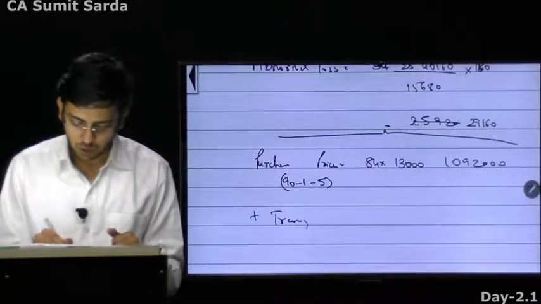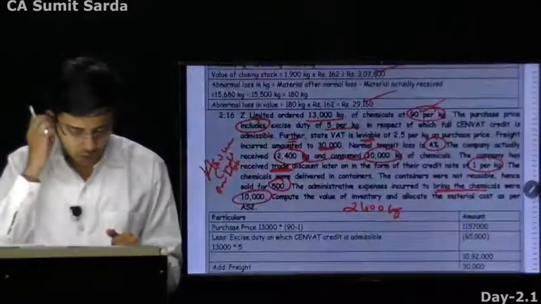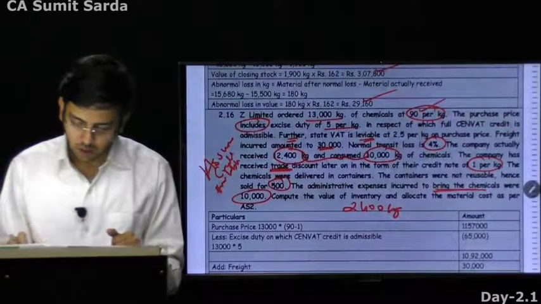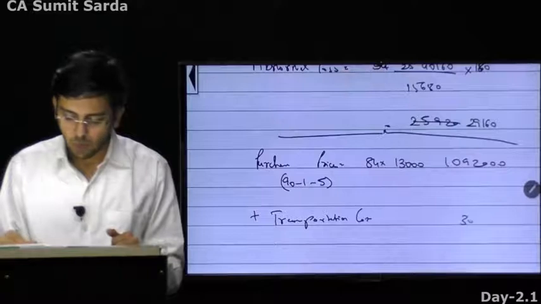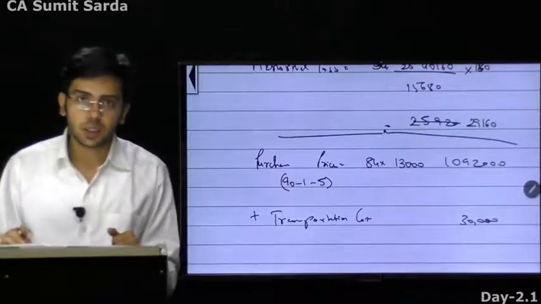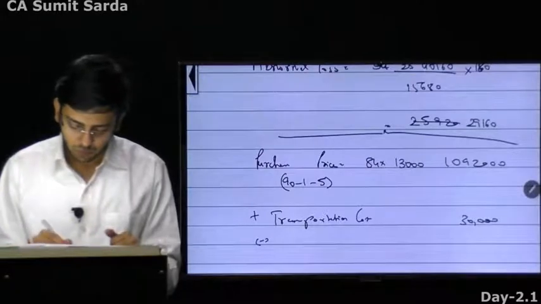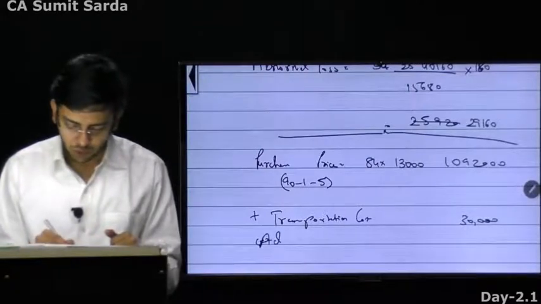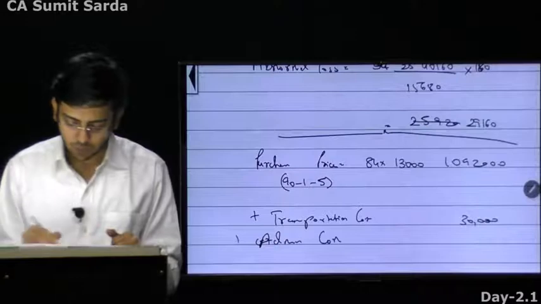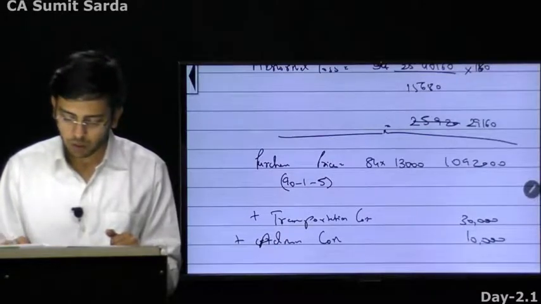Now we are going to include transportation cost in it, which is given to you as 30,000. VAT will not be included, neither be deducted as discussed earlier. We are going to include admin cost 10,000.